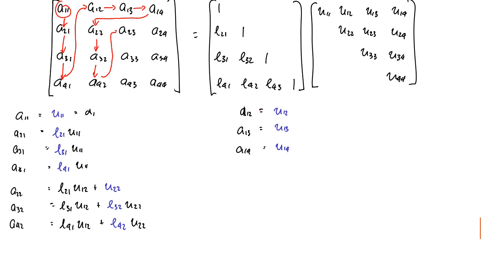across these entries here. Okay, so let's just quickly write those ones down. So we need to do A23, which is the one I was trying to do before. A23 gives us L21 U13 plus U23. So that's a new one.